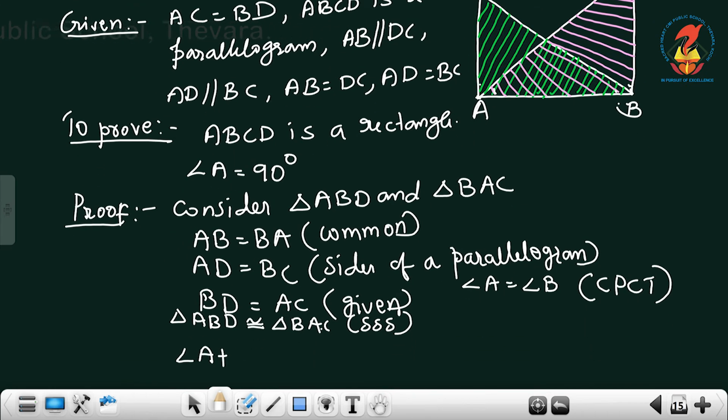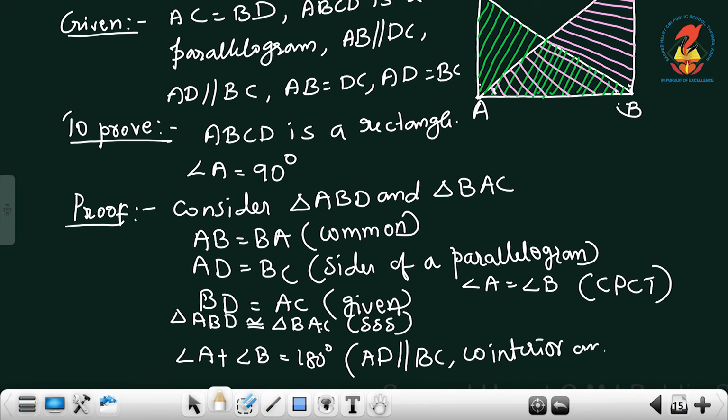Angle A plus angle B equal to 180 degrees because AD is parallel to BC. Co-interior angles are supplementary.